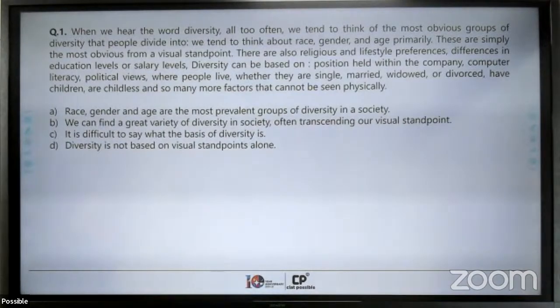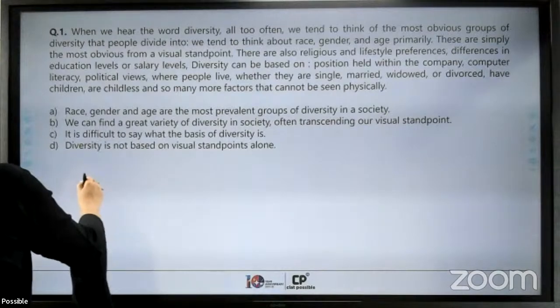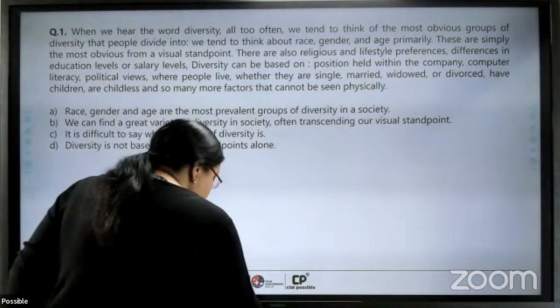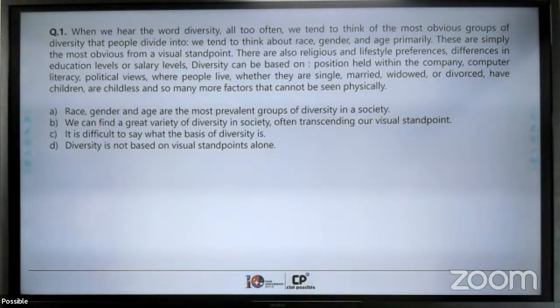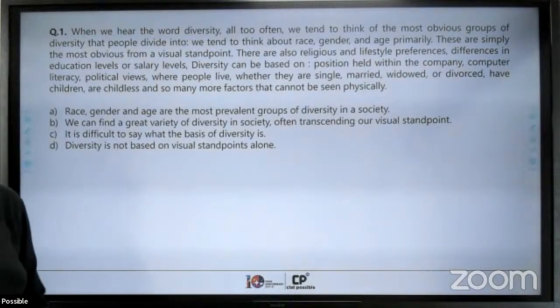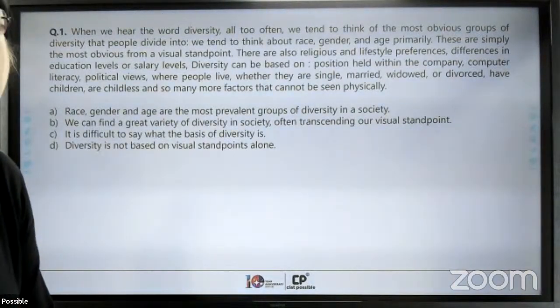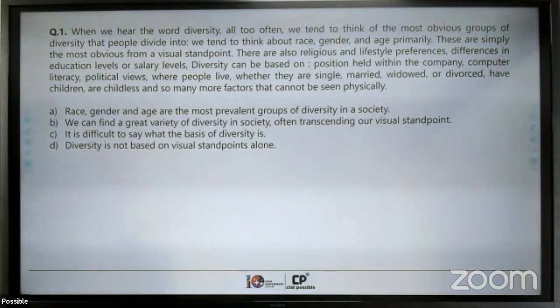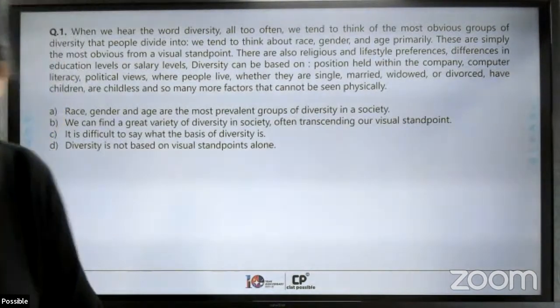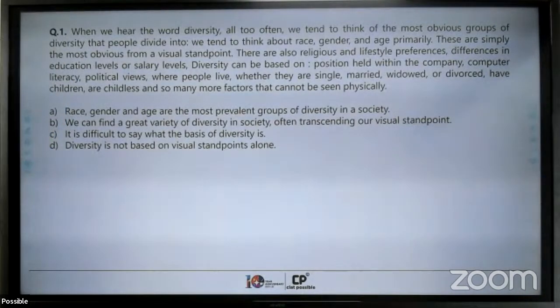I hope you can read the paragraph. I want the main idea of the paragraph. That's my concern.